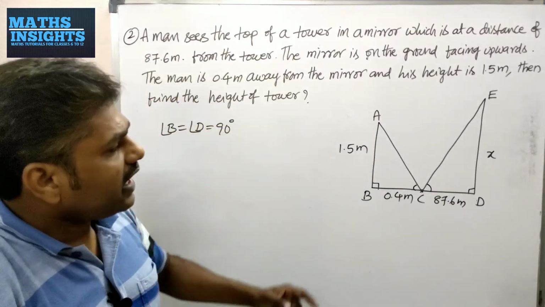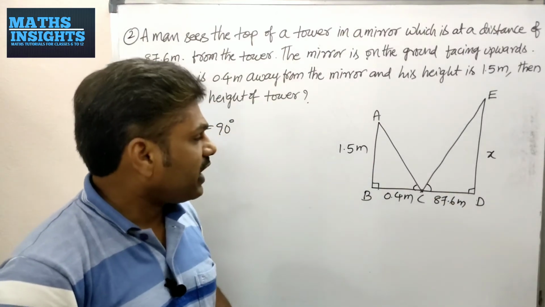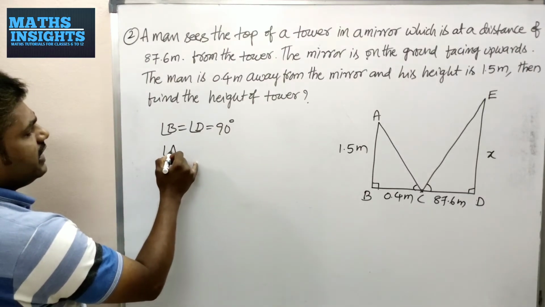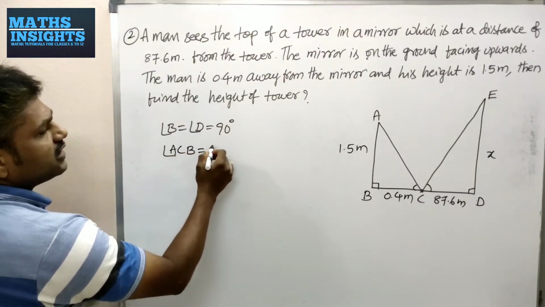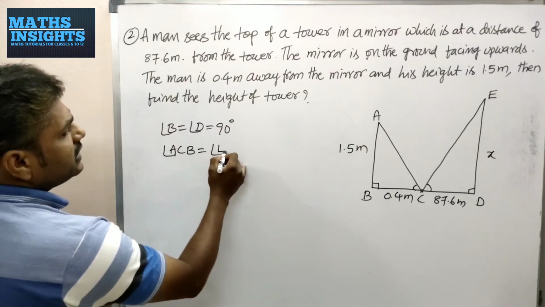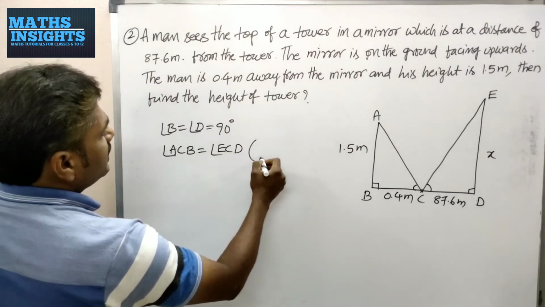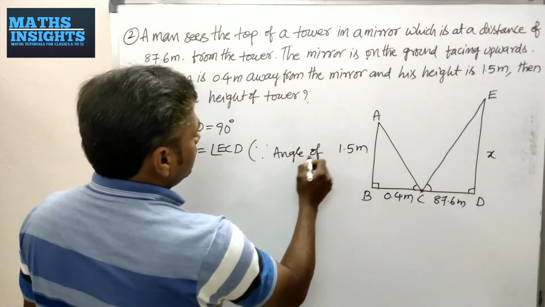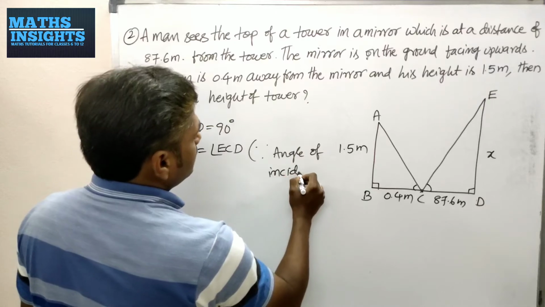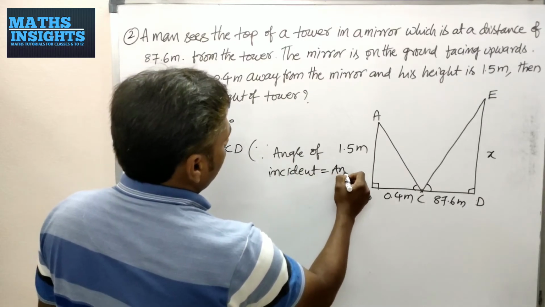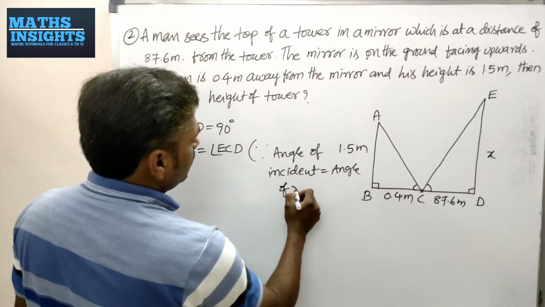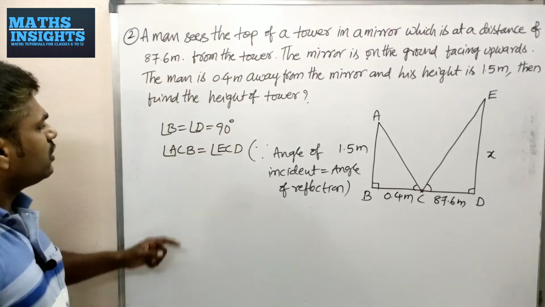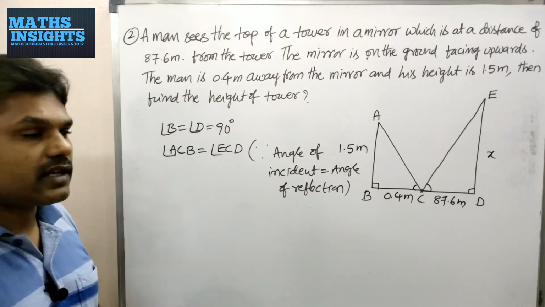Why? Because the angle of incidence is equal to the angle of reflection. That means angle ACB in the first triangle is equal to angle ECD in the second triangle. By using this concept, we say that these two angles are equal.